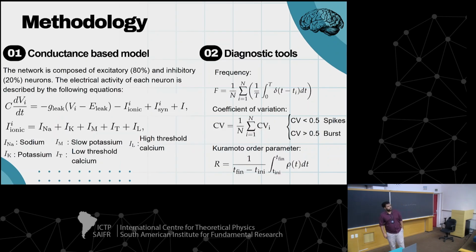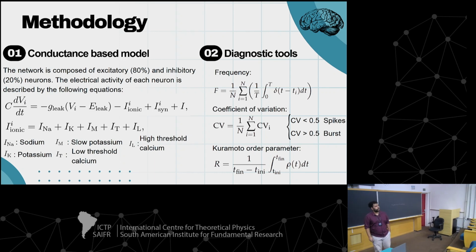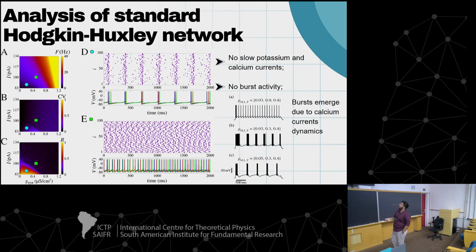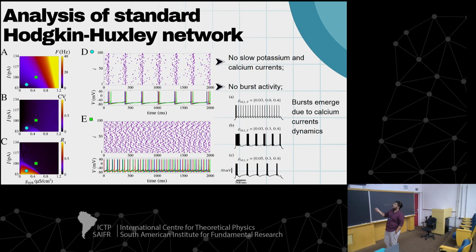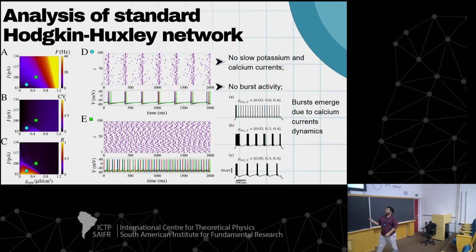My question is, if you look at the distribution of inter-spike intervals in all these different regimes, what do they look like? When we have that burst activity, they have a very particular shape. How to explain it? They have a peculiar shape.